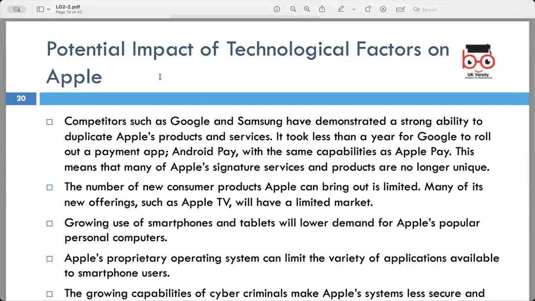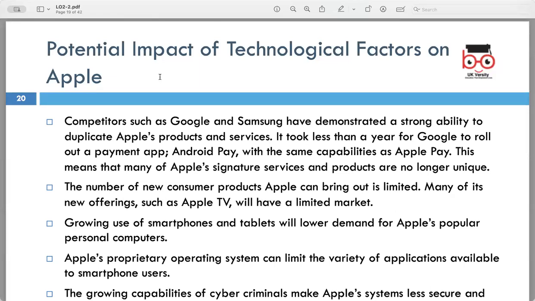Okay, so, potential impact of technological factors on Apple. The capacity of competitors like Google and Samsung to replicate Apple products and services has proved to be quite robust so far.